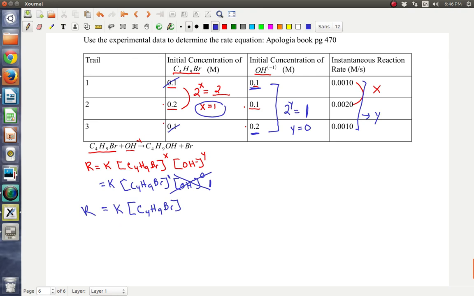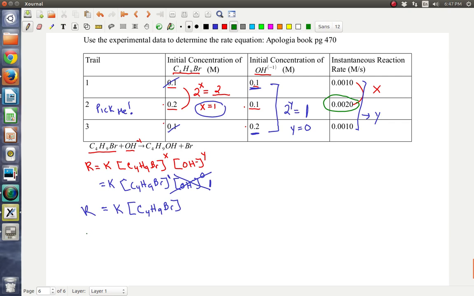Alright, now that we know that, we can get rid of this component, and it actually makes our math a little simpler. We're going to calculate K. I pick any trial. This time I'm going to pick trial 2. Like I said, no matter which trial you pick, you'll get the same answer. I'm going to use all the data from trial 2. What is the instantaneous rate for trial 2?